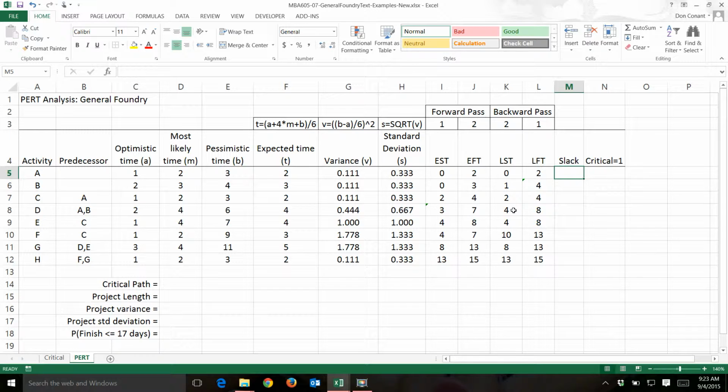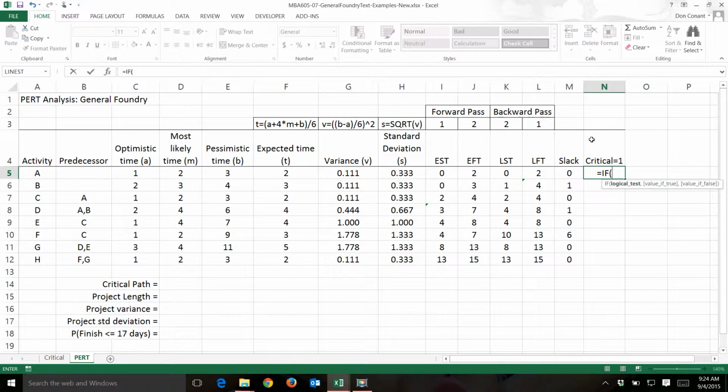Now calculate the slack. The slack is calculated by subtracting finish times or by subtracting start times. It doesn't matter. I usually subtract finish times, and I begin with the latest and subtract it from the earliest. And that goes all the way down. Critical path, again, I set those equal to 1. If it's critical, use the if statement.